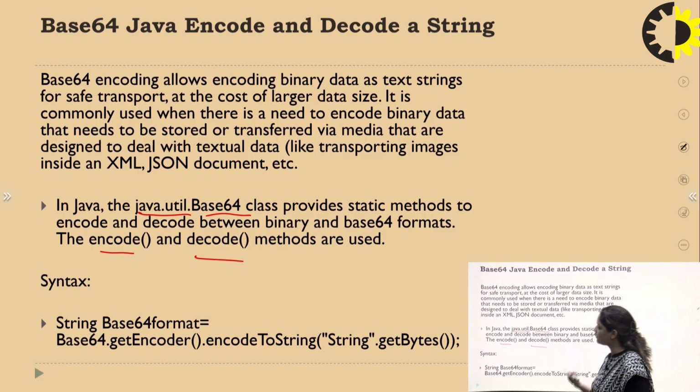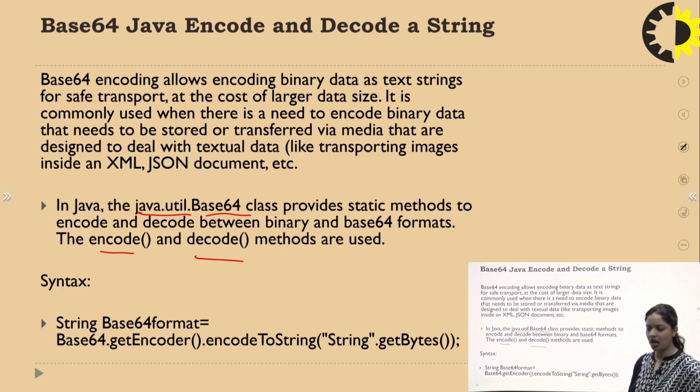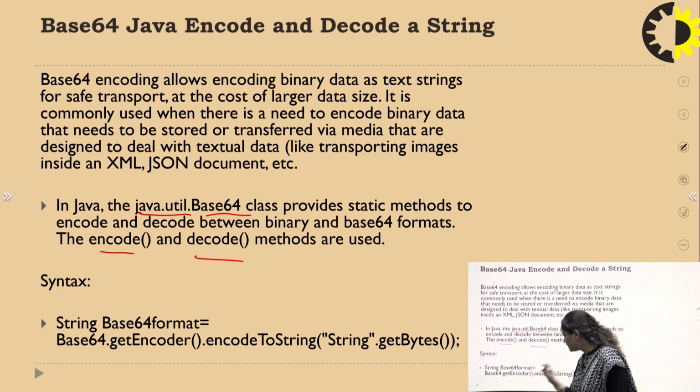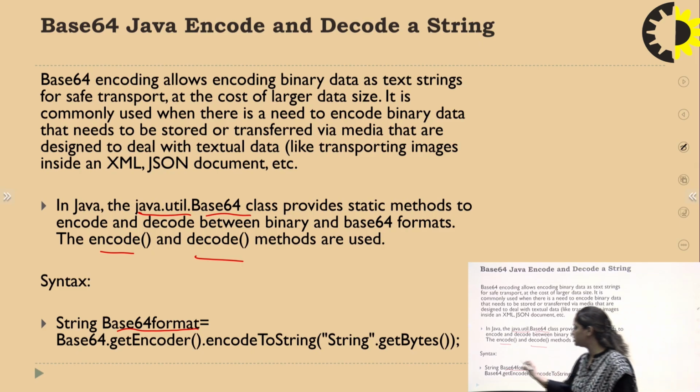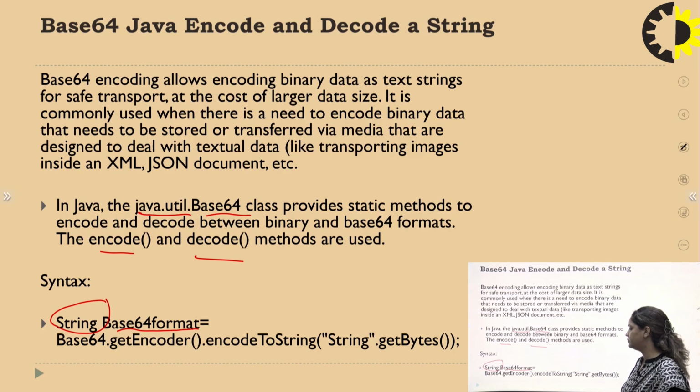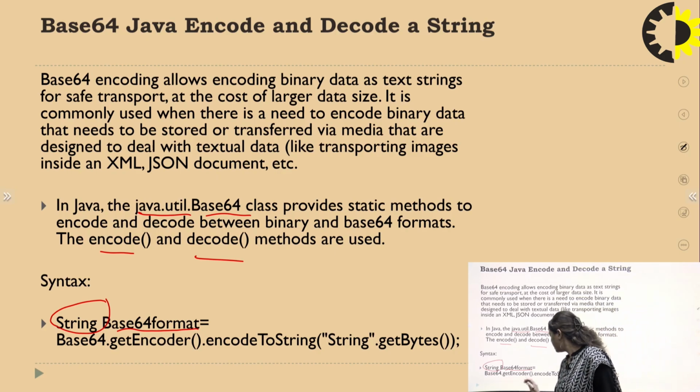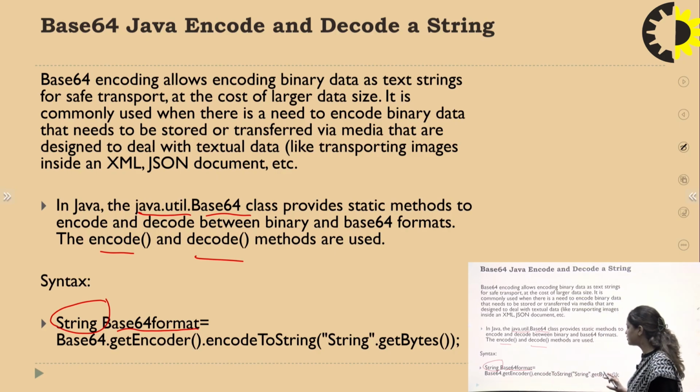So the syntax for this implementation in Java programming is as follows. In this, we take a variable named base64, a user-defined variable with the data type String, and in this variable we hold the value of the string which we are going to encode. How is it possible?